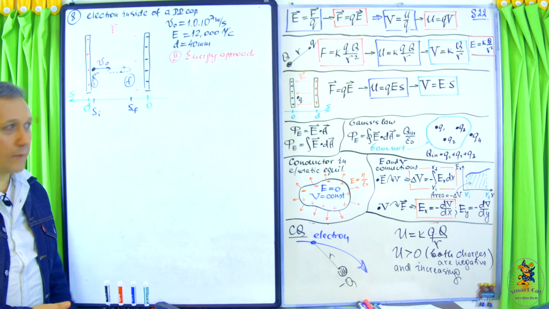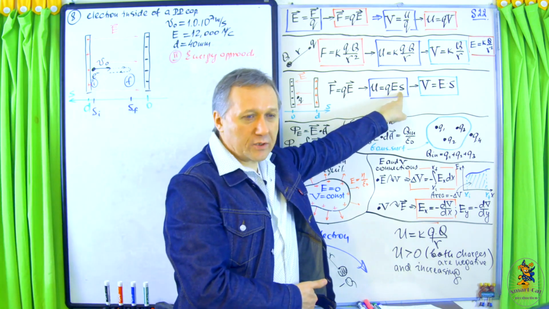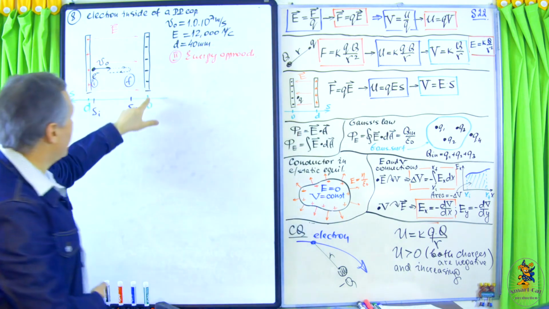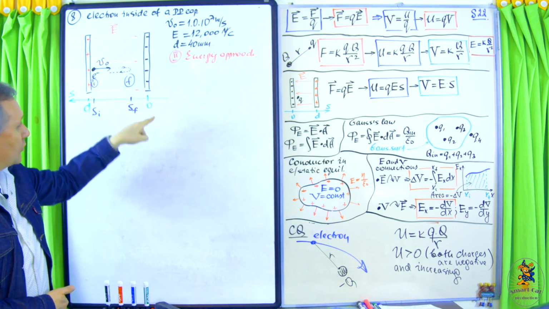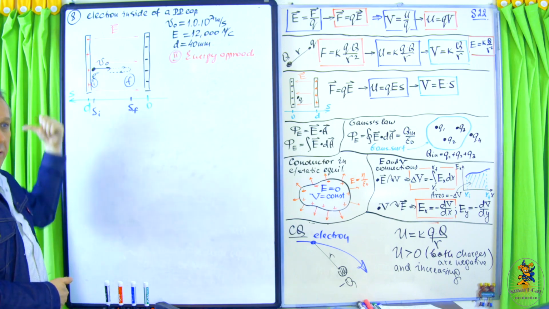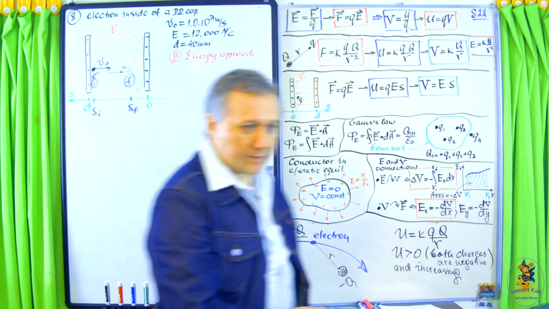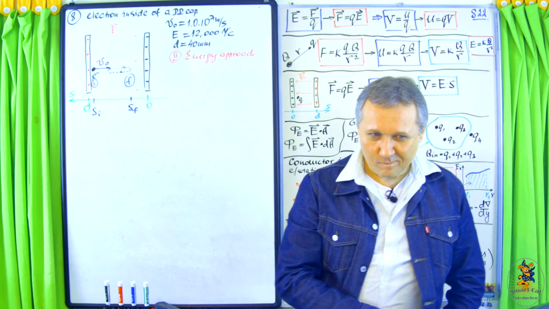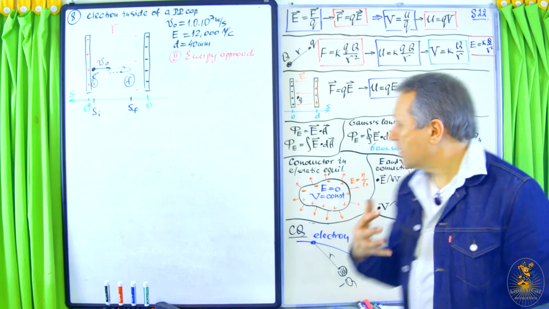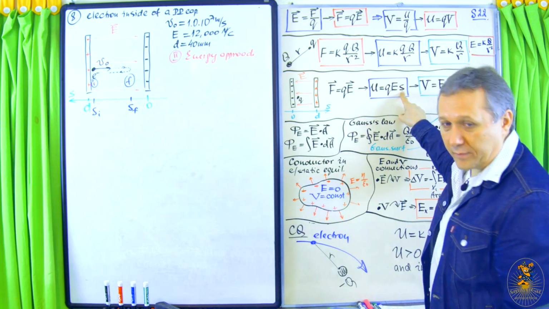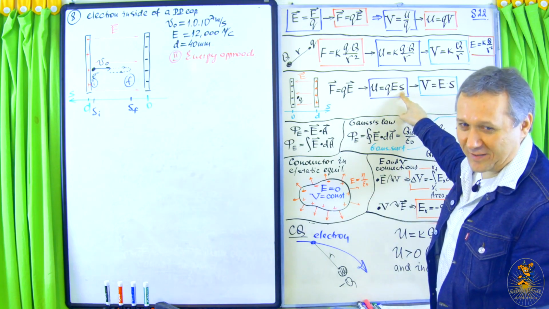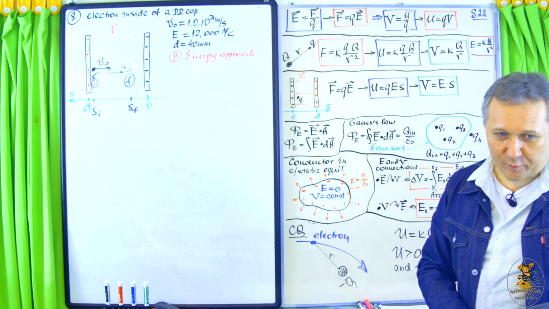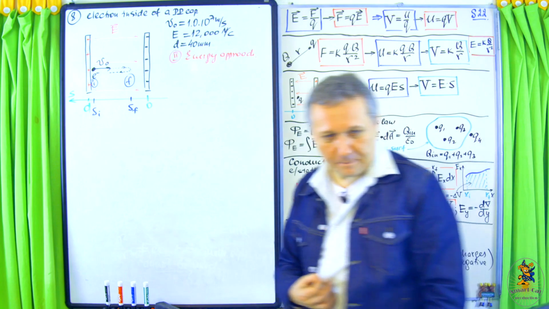Because all the time in this formula, S is measured from the negative electrode, I need to position my origin at the negative electrode here. So I position the origin here and point the S axis that way. I keep reminding you guys, remember that S is measured from the negative electrode, because that's how we derive that formula.